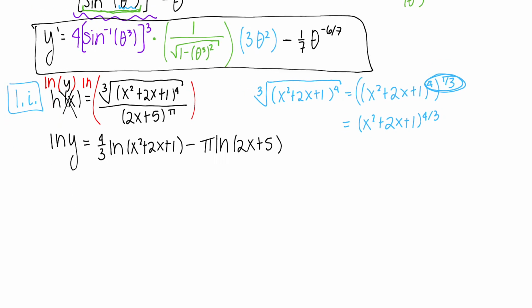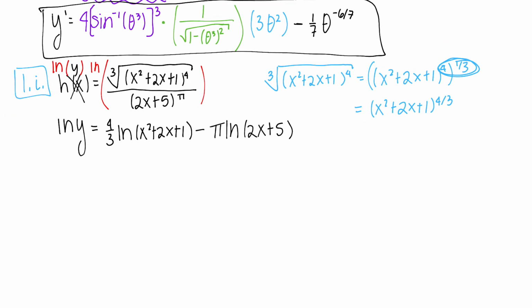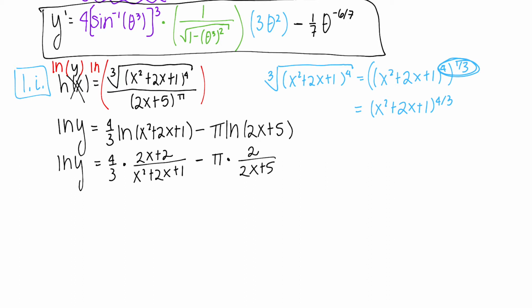Now we're going to differentiate now that we've done the log stuff. So we have ln y equals 4/3 times the derivative of the inside, 2x plus 2, all over the inside, x squared plus 2x plus 1, minus pi times the derivative of the inside, 2, all over 2x plus 5.